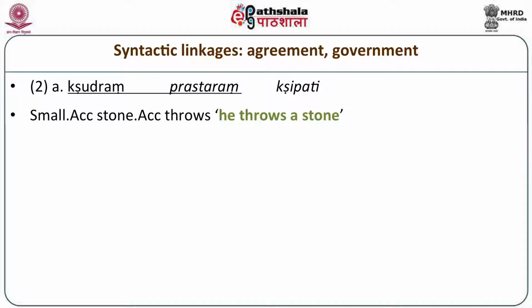What did you notice here? Prastaram is an accusative word. It has accusative inflection on the word for stone. Kshudram, the adjective small, copies the accusative case from Prastaram. That is what there is to notice, that there is a copying of a feature. Agreement.